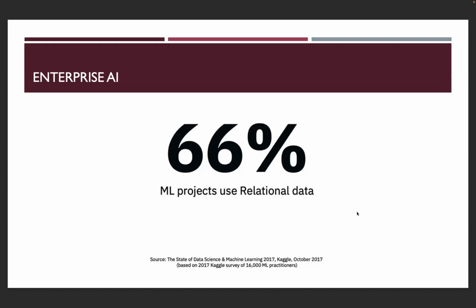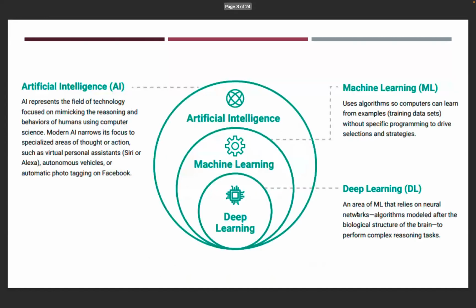Now, before talking about IBM's DB2, let us have a brief look at what artificial intelligence is. You all basically know what AI is, right? AI can amplify human capabilities and understanding.